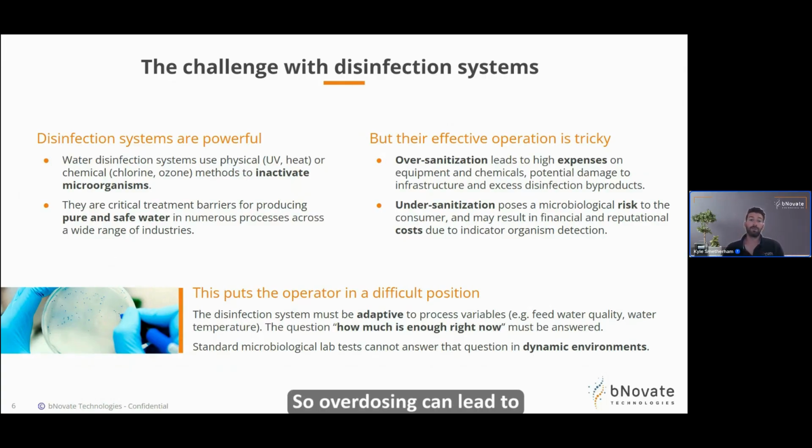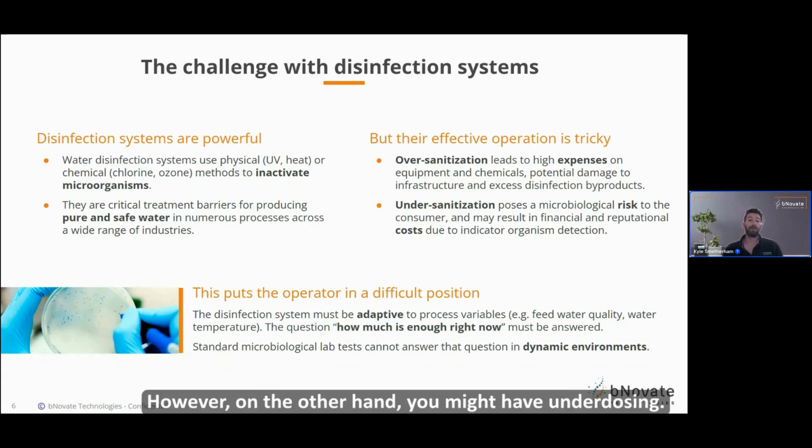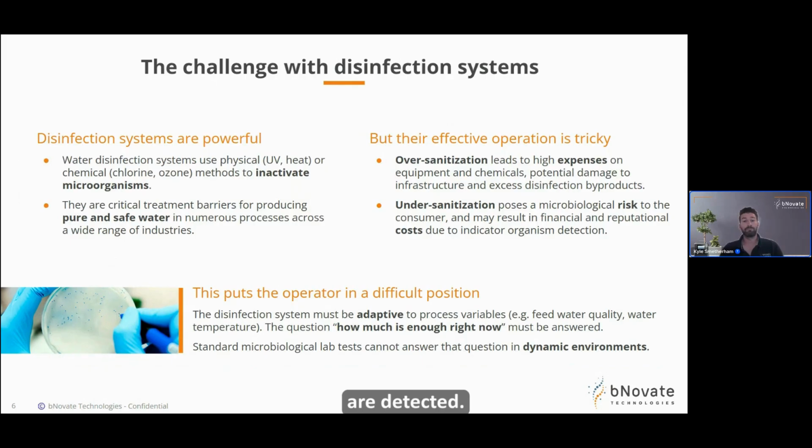So overdosing can lead to unnecessary chemical costs. You might have equipment wear, you might also have infrastructure damage, and also the formation of harmful disinfection byproducts. However, on the other hand, you might have underdosing. So you have increases in microbiological risk, which can lead to financial and reputational consequences if indicator organisms are detected.